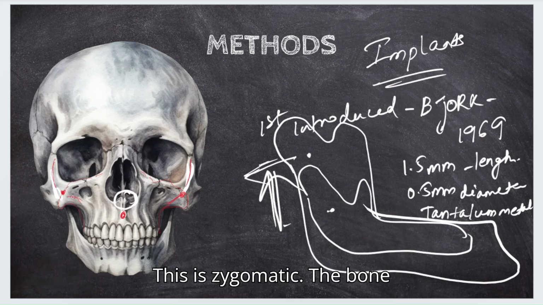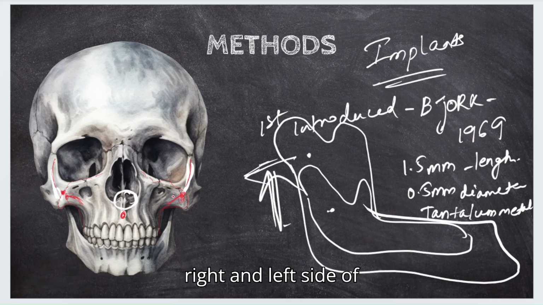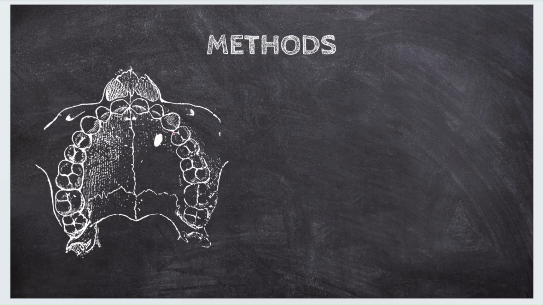The bone going towards the zygoma is known as the zygomatic process of maxilla. So I'll put two implants on the right and left side of the zygomatic process of maxilla. One below the ANS, one behind the deciduous canine before the eruption of maxillary permanent incisors, and lastly at the border between hard palate and alveolar process, medial to the first molar. Here.